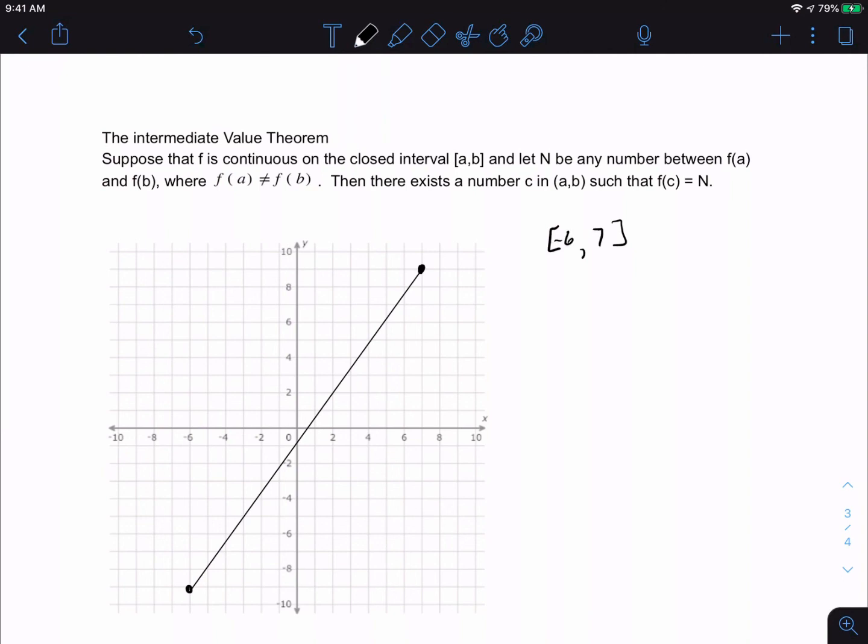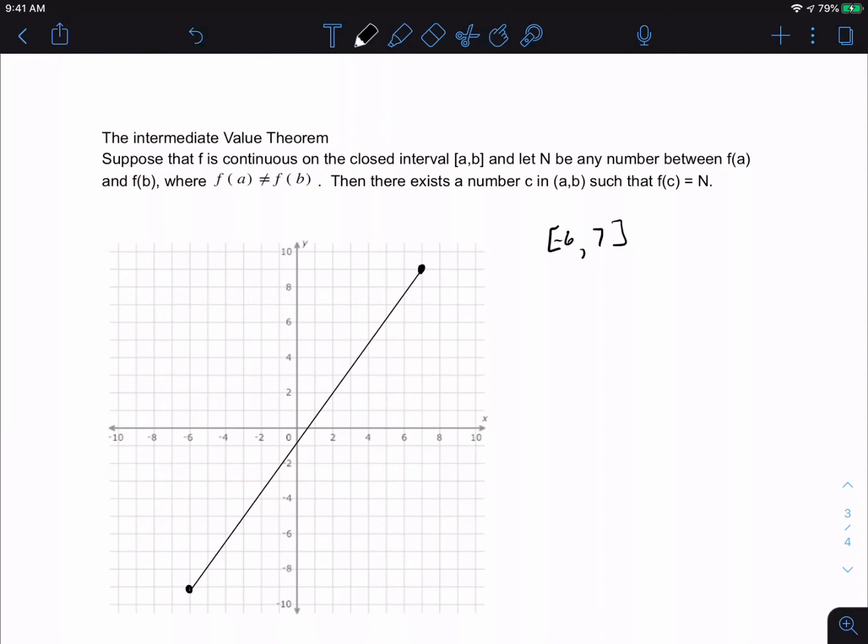So that is my special place, right? And I'm saying that there is some n value, meaning a y value, that is between the lowest y value and the highest y value of this thing, right? I could have chosen anything. I don't want to confuse it with the same number.